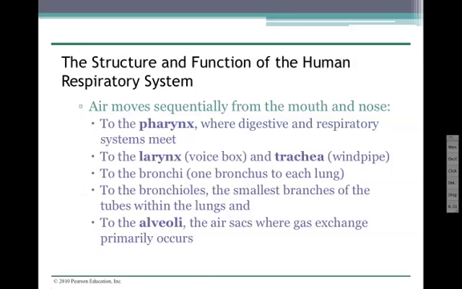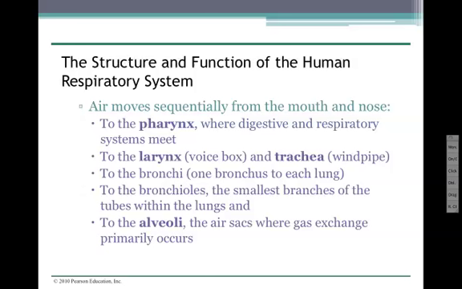From the trachea, it goes to the bronchi. That's a double, plural, and there's two of them, one bronchus to each lung. And that's like a little smaller tube than the trachea. Then it branches into smaller tubes that are called bronchioles.